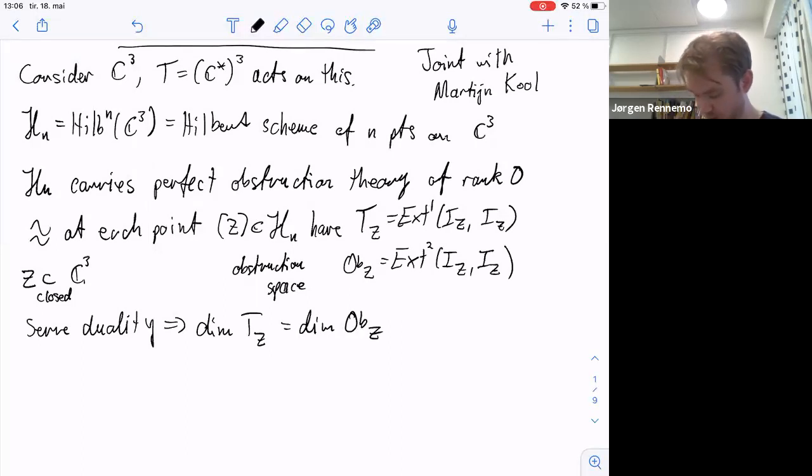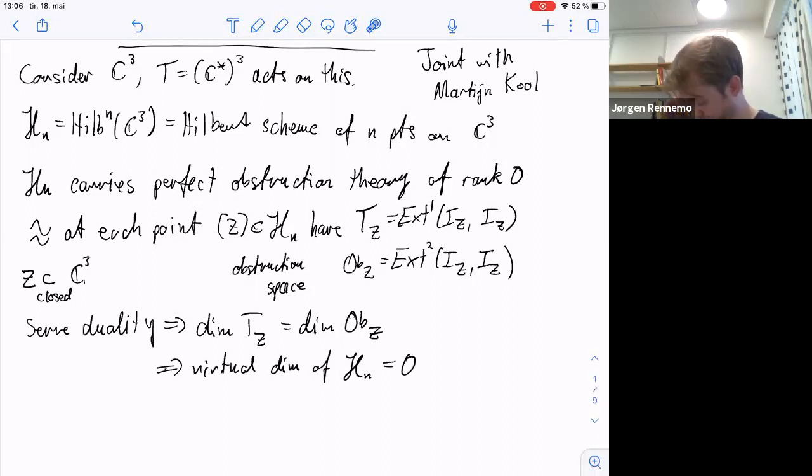So that means that the virtual dimension of the space Hn is 0.